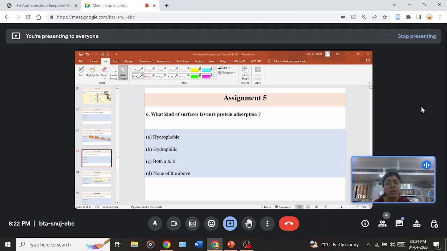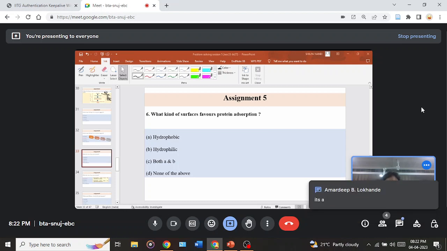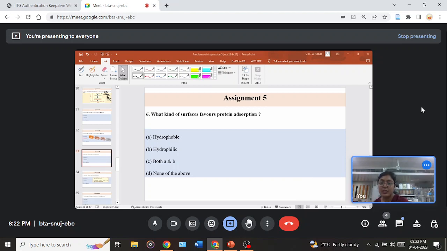Sorry, water loving surfaces. Okay, so it's A, you are saying. Yes, the correct answer to this question is option A, that is hydrophobic surfaces.